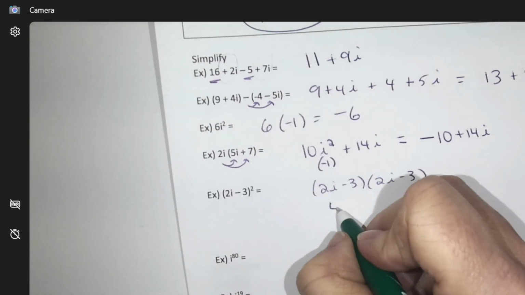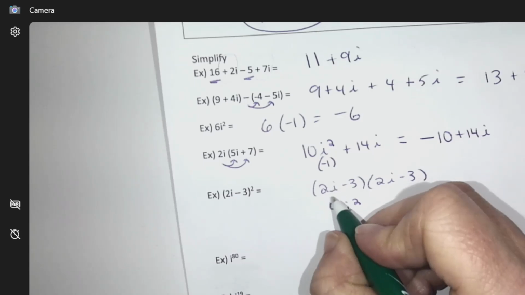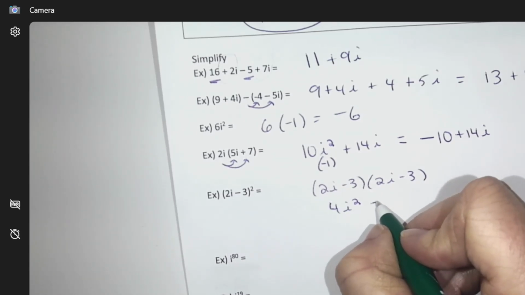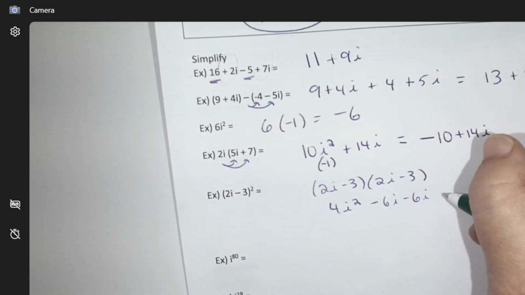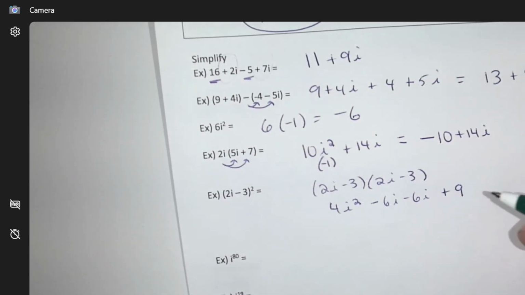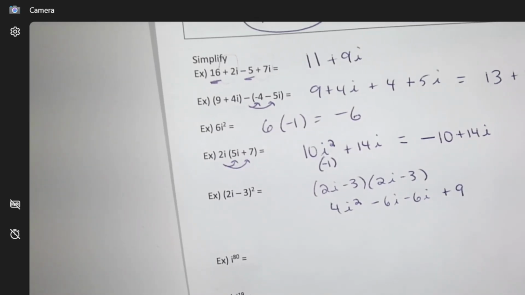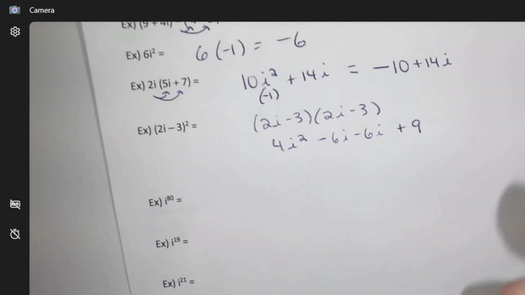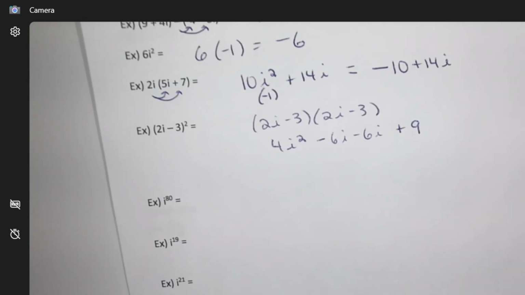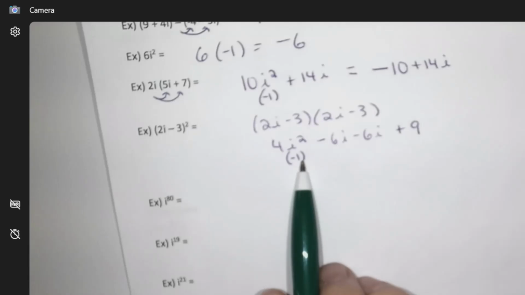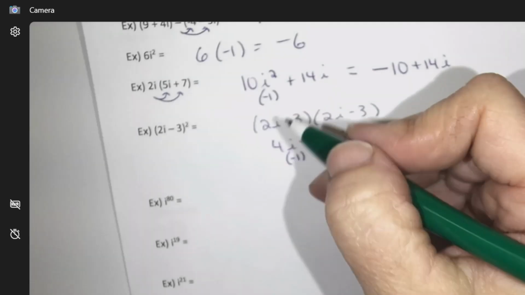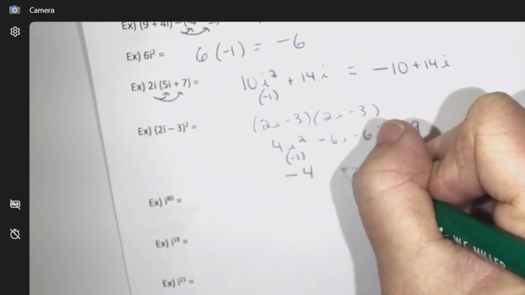So I'm going to go 4i squared minus 6i minus 6i plus 9. Okay, what is i squared? -1. So this is going to be a -4.